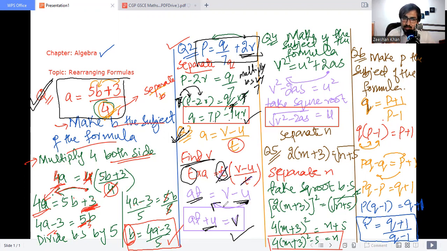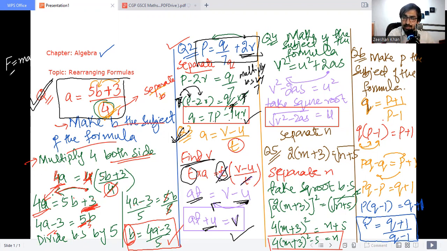By the way, this rearranging of formulas is very important in physics, in chemistry as well. Because normally, for example, if I talk about a formula, F equals ma, this is a very famous formula for Newton's second law. And if the examiner asks in the question to find out acceleration, how will you rearrange this formula?